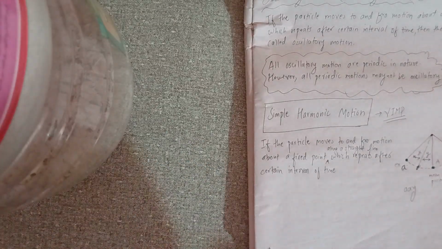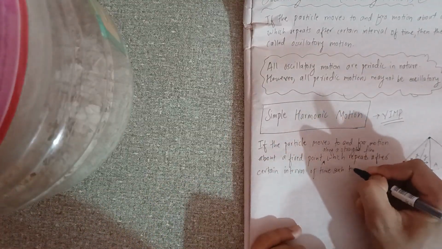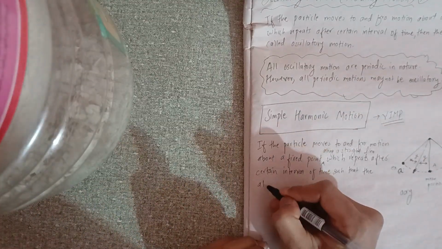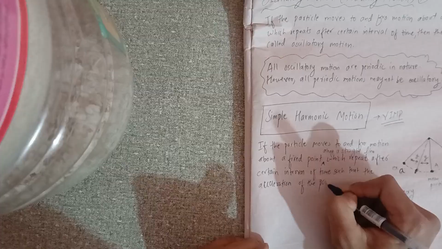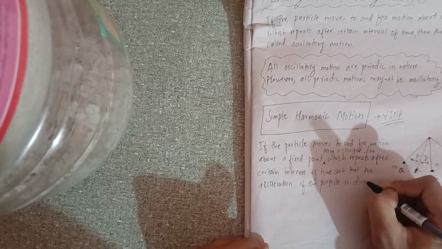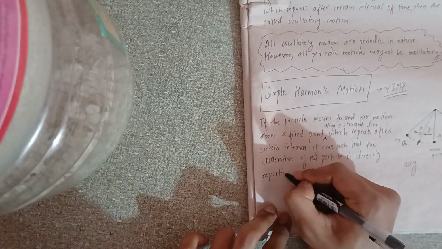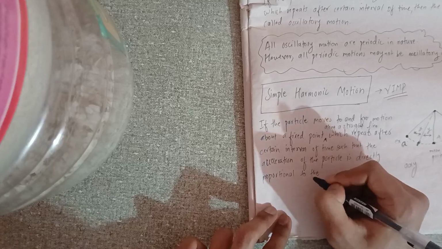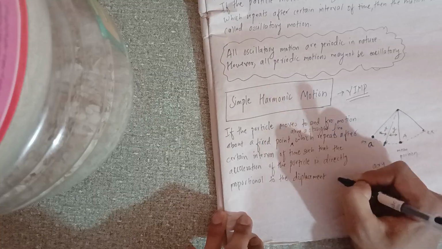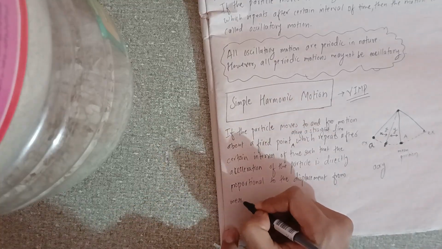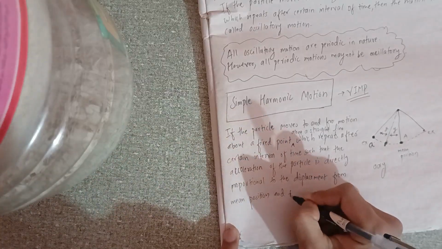If the particle moves to and fro about a fixed point along a straight line which repeats after a certain interval of time such that the acceleration of the particle is directly proportional to the displacement from mean position and towards the mean position.